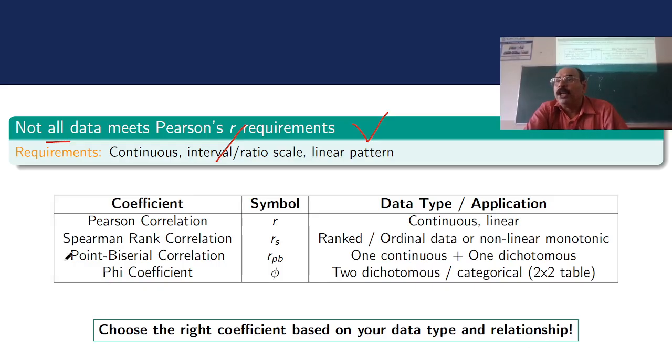So we have other alternatives to Pearson's correlation: Spearman rank correlation, point biserial correlation, phi coefficient, etc. But in our syllabus, we'll concentrate only on Pearson's correlation coefficient. We need to choose the right coefficient based upon the data type and its relationship.